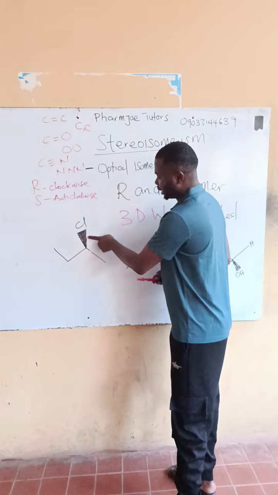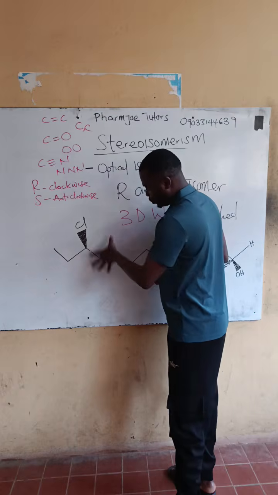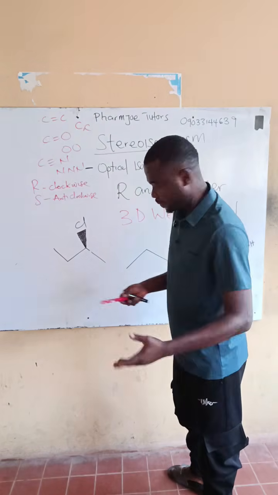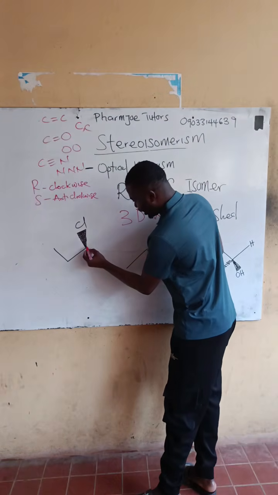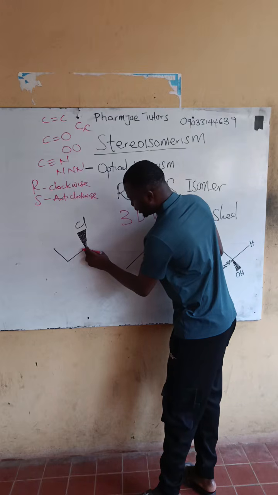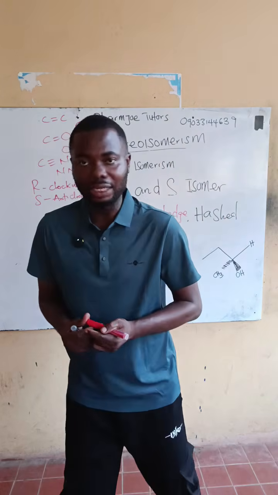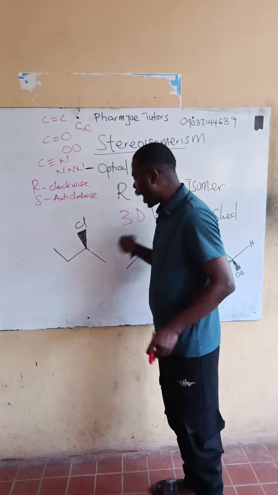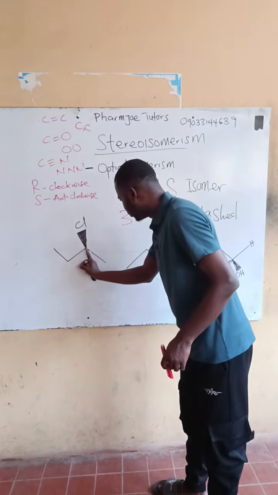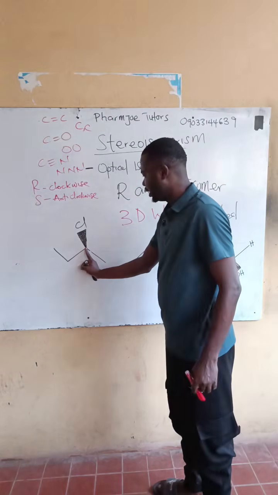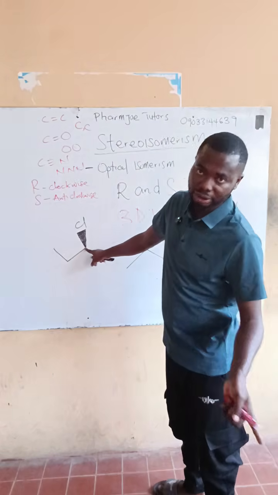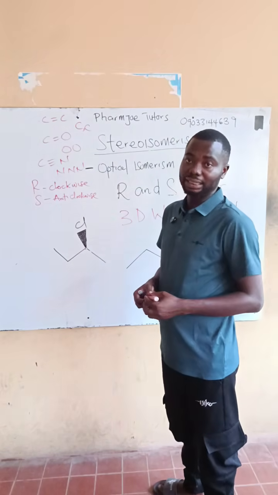If this molecule is having a wedge, it should also have a hash. Provided that if you look at it, there's a carbon here, and this carbon is already having a wedge, then it must also have a what? Hash. You can see that the hash is not indicated, but I know where the hash is. So far, we already know that there's a wedge on this carbon. If there's a wedge on that carbon, there should also be a what? Hash, of which I'm going to indicate that.